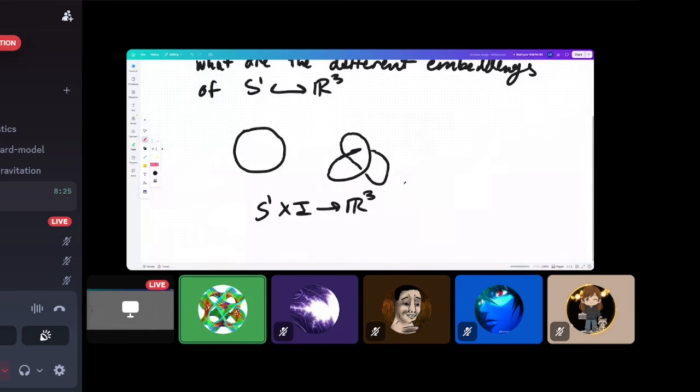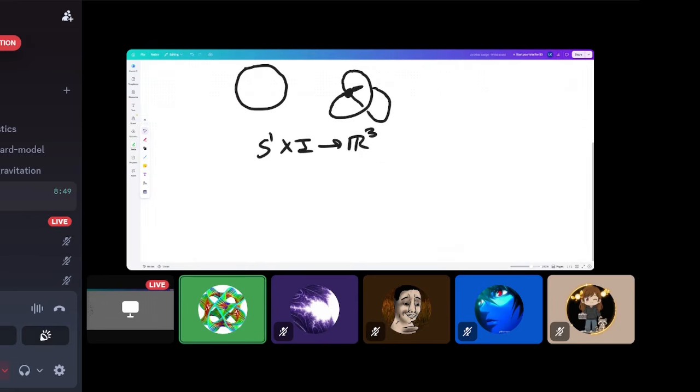But the problem with that is we want to measure that we cannot have an intersection with the knot itself, a self-intersection. So one way to say that these knots are equivalent is if we look at all the functions that are homotopies through embeddings.